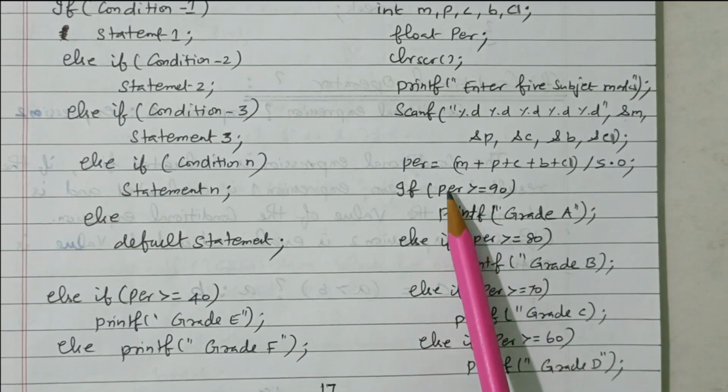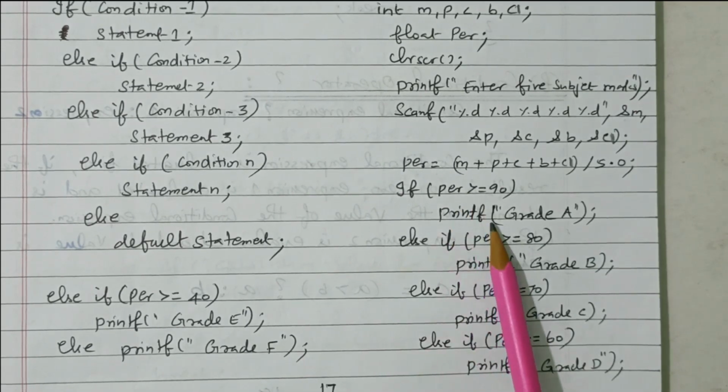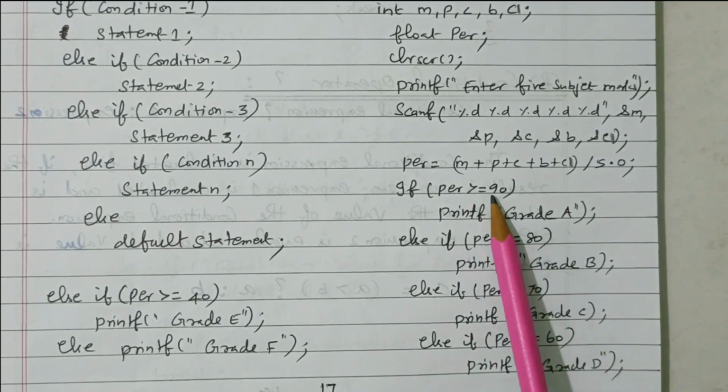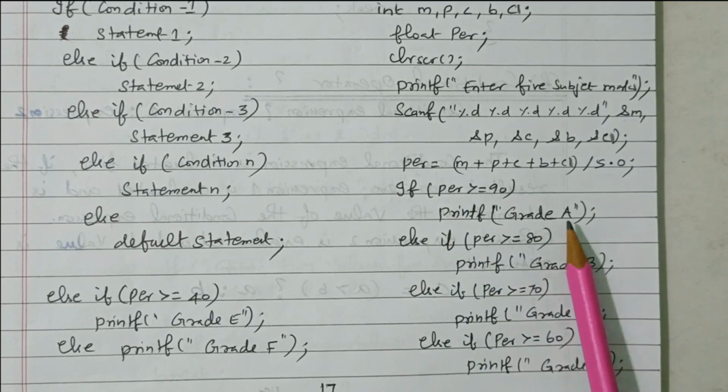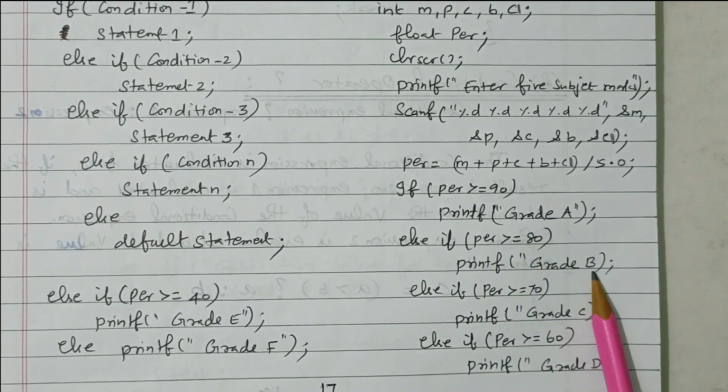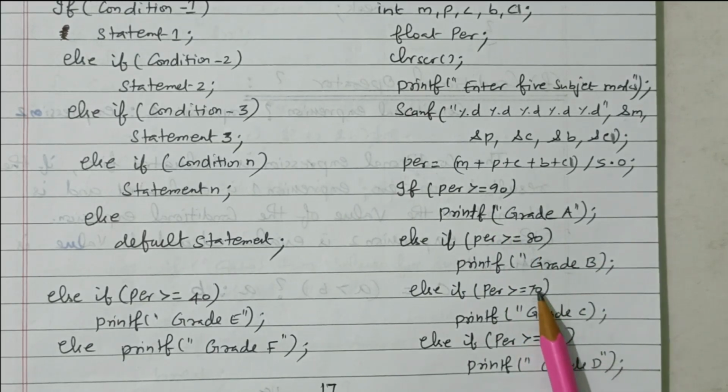So we are checking the percentage, and for every category we have a grade. 90 and above means grade A. Not 90 and above, 80 and above means grade B. 70 and above means grade C, that is 70 to 79, not 80, right?